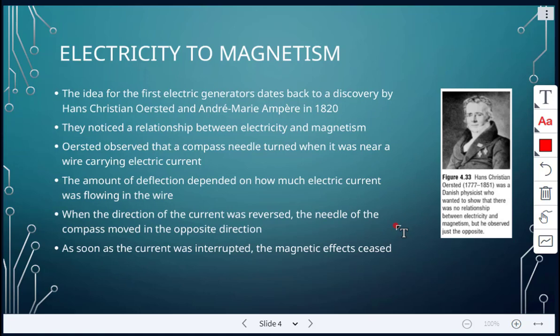And if the current was interrupted, that magnetic effect would stop. Hans Christian Ørsted was trying to show that there was no relationship between electricity and magnetism, but he observed the opposite when doing his observations with the compass needle and the wire carrying electric current.